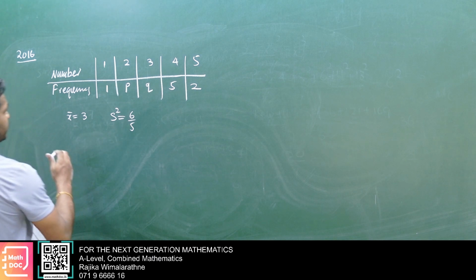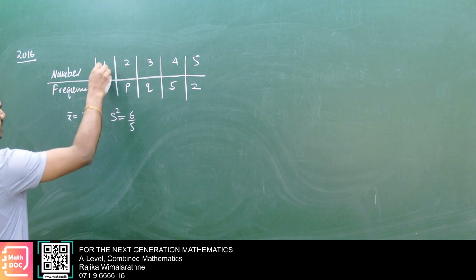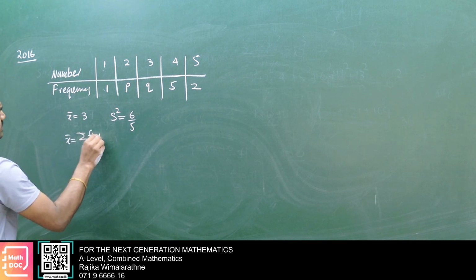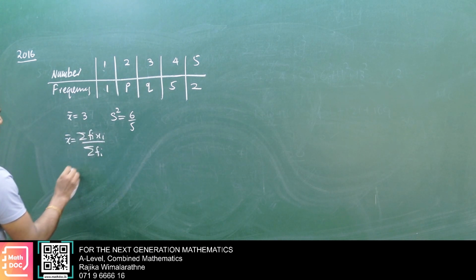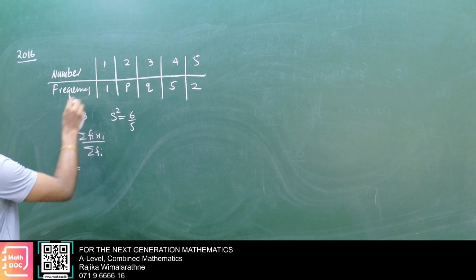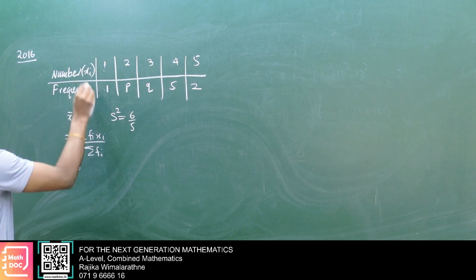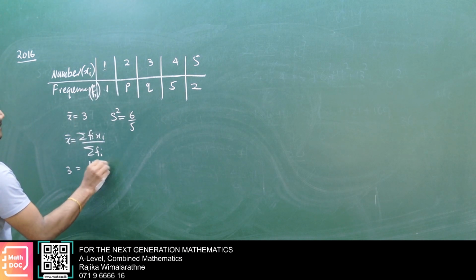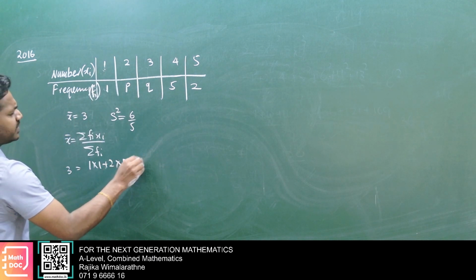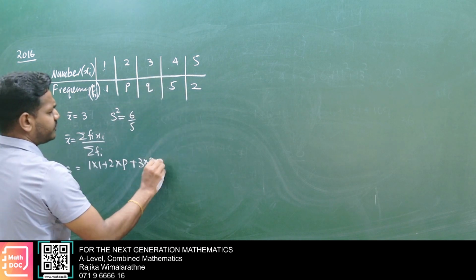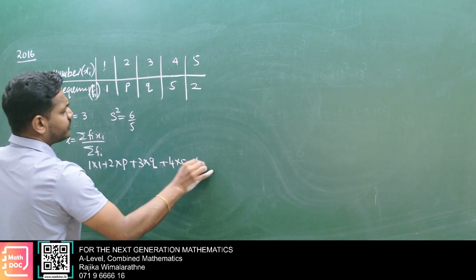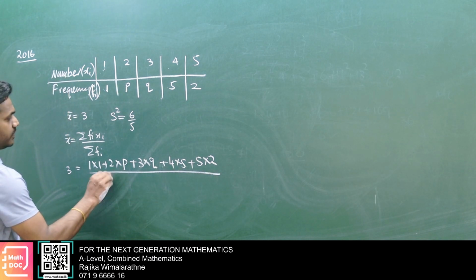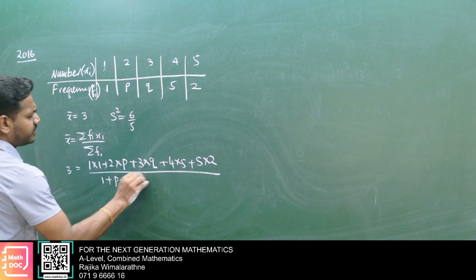When finding the mean, multiply these two: x bar equals sigma fi xi divided by sigma fi. So 3 equals (1 into 1, 2 into P, 3 into Q, 4 into 5, 5 into 2) divided by the frequency sum, 1 plus P plus Q plus 5 plus 2.